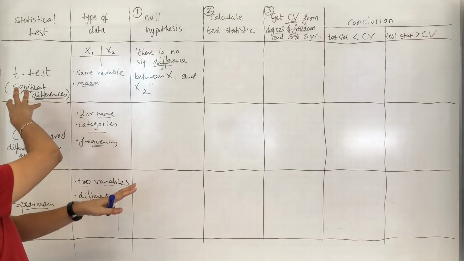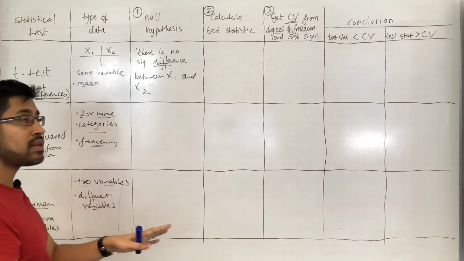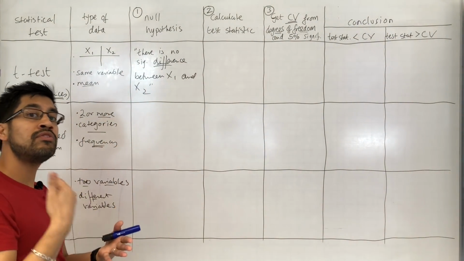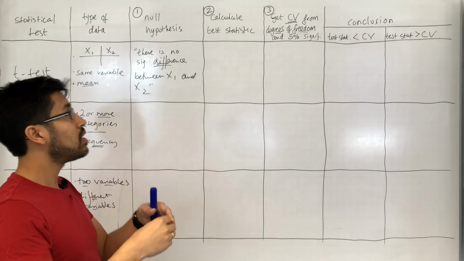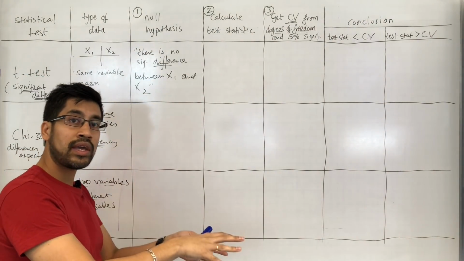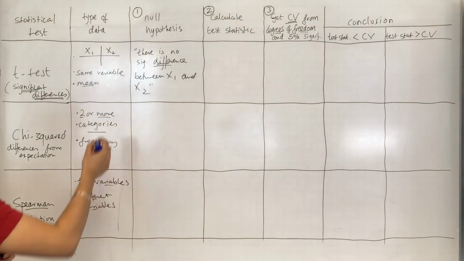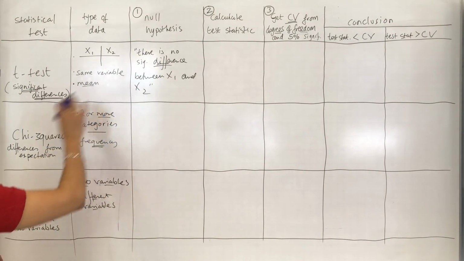However, when you're doing a t-test, you have to take an unbiased position, so the null hypothesis will be that there is no difference in height between plants growing in the light and plants growing in the dark. That's the t-test null hypothesis.